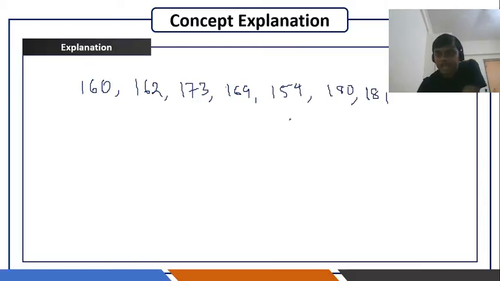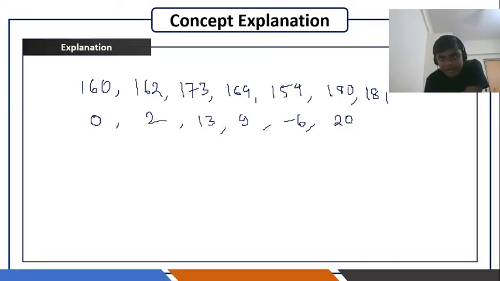We need to find the average of all these heights. As you can see, all these numbers are close to 160, so I'll be subtracting 160 from all these numbers. This will give me 2, 0, 2, 13, 9, minus 6, 20, and 21.